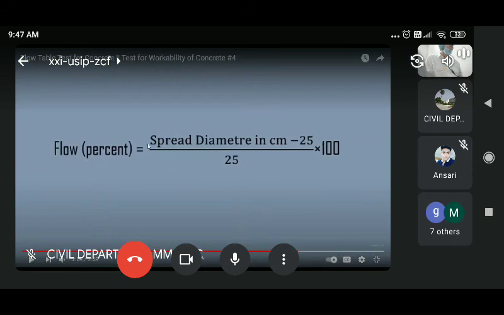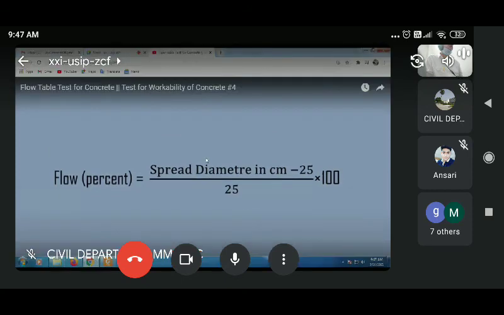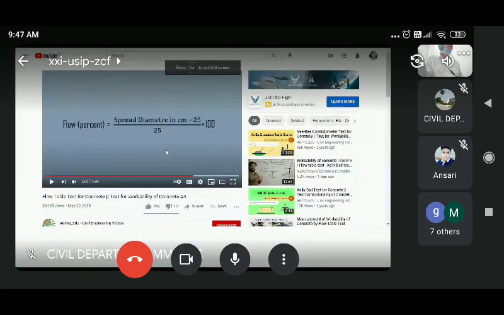The spread diameter, as you find out in 6 directions, the average is taken in centimeters, then minus the base diameter of your cone, divided by the base diameter of the cone, into 100. The flow in percentage will be recorded. This is another type of flow table test to know the fluidity of your concrete.